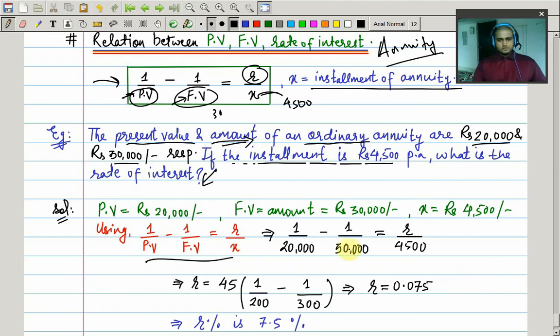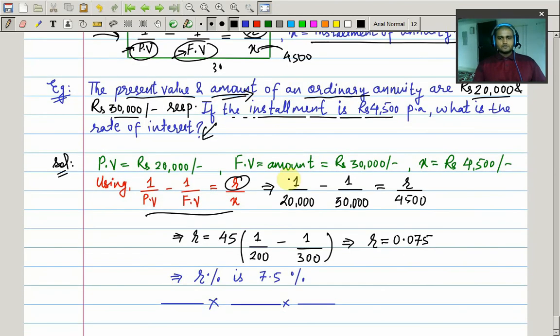Solve this to get the value of R. I think it's not difficult to do the calculations. 0, 0, cancelled here. And this 45, I will multiply to this side. So I get this step. 45 into 1 upon 200 minus 1 upon 300.